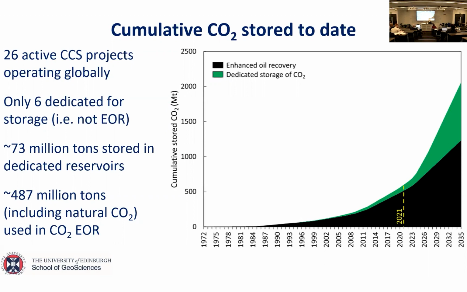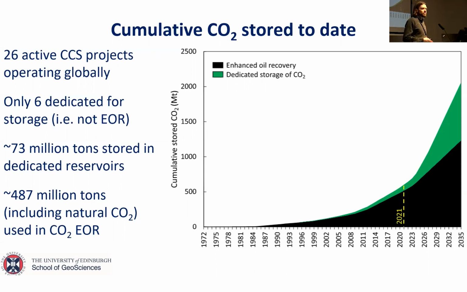If you take in CO2 EOR, we're talking about nearly 500 million tonnes. Some of that does include some of the natural CO2 that I have worked on in the US, but you can see that on the graph behind me, showing where we are at that point in 2021. And as Sam alluded to, the key question for CCS is how it is going to realise its climate mitigation potential, which depends on what the rate of growth is from now.